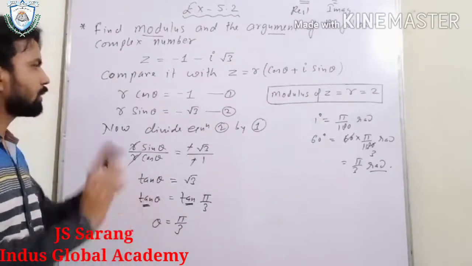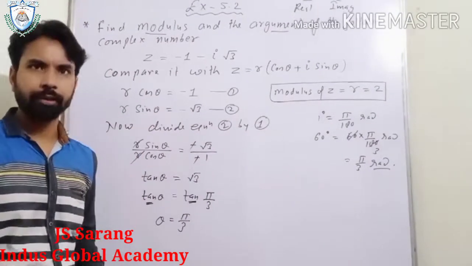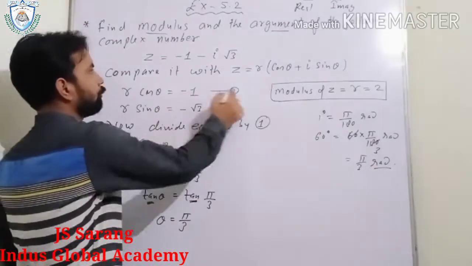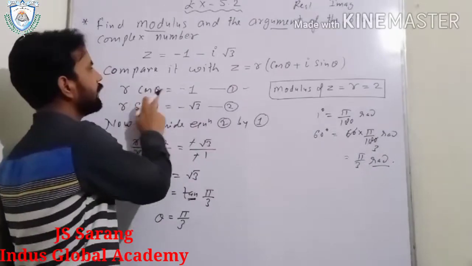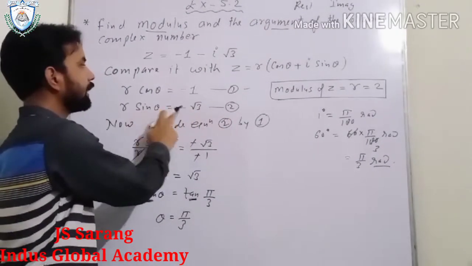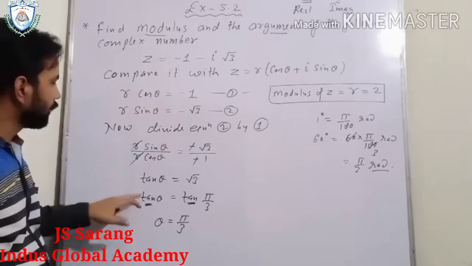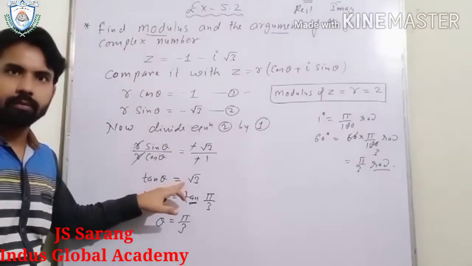Clear? Now we have to check in which quadrant theta will lie. From equation number 1, cos theta is negative. From equation number 2, sin theta is negative. So cos theta and sin theta both are negative, but tan theta is positive.